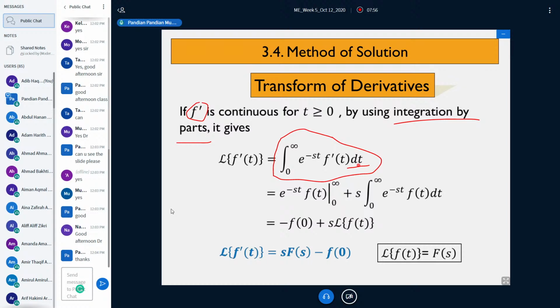So in this case, your u is e to the minus st, your dv is f dash t dt.